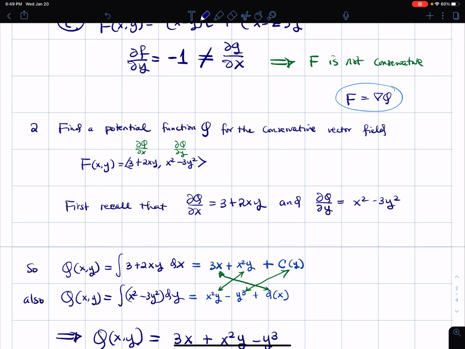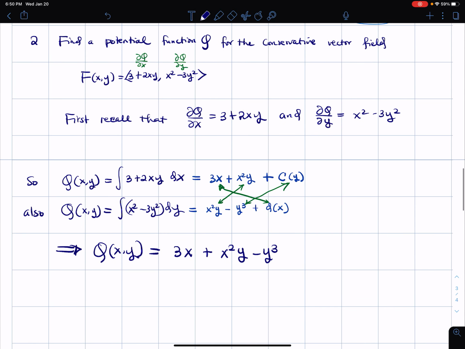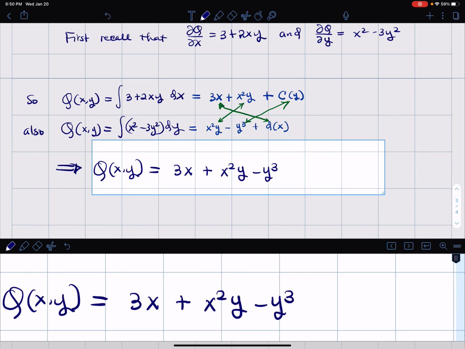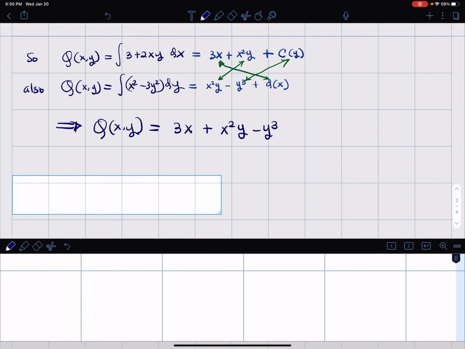Now, I want you to try one. This one is a function of three variables. So let's try it.